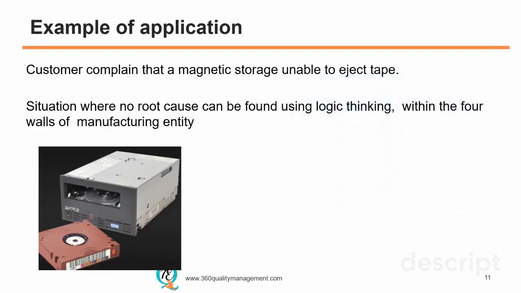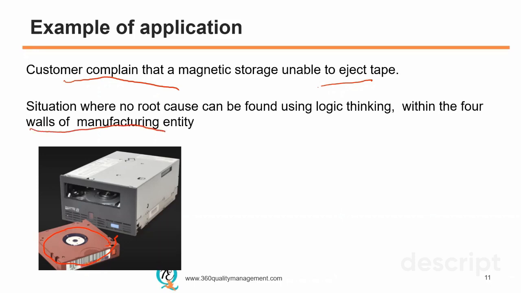This is an example of the application of creative problem solving. There is a customer's complaint on a magnetic storage drive which is unable to eject the tape. The situation is that nobody can really find a root cause between the four walls of a manufacturing entity.